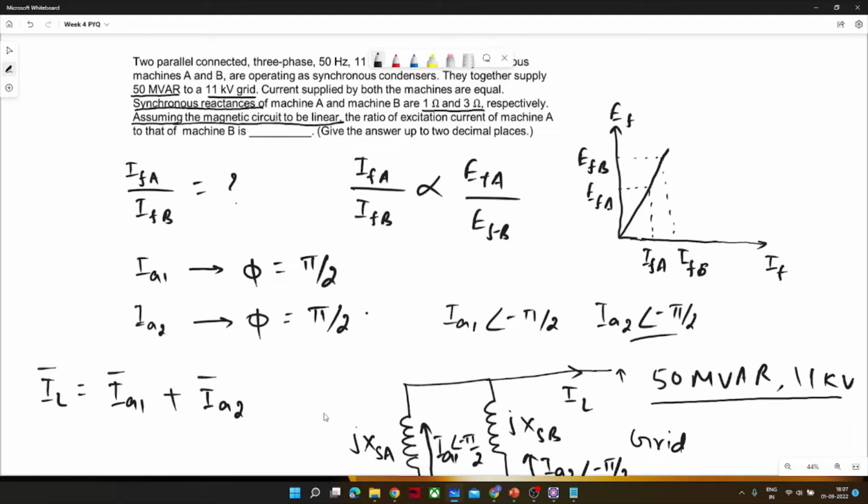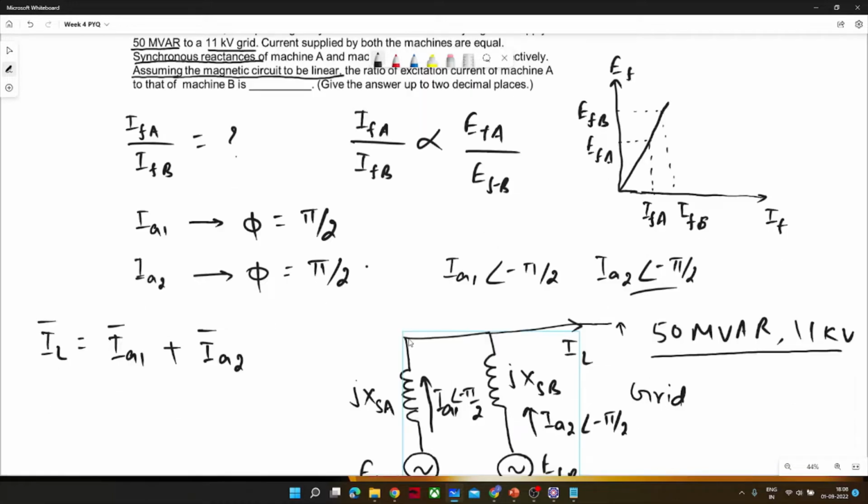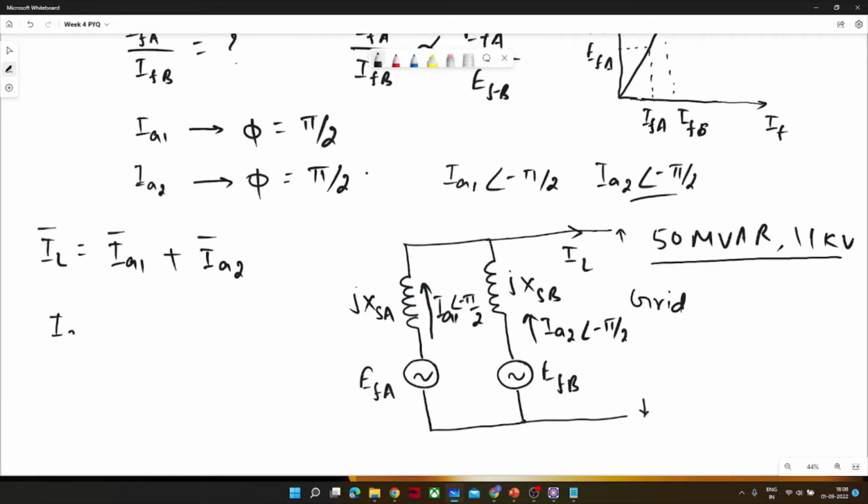Now, also we can write it as IA1 is equal to IA2 is equal to IL by 2. This we can write.